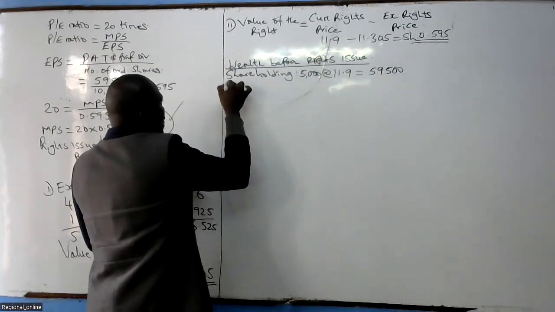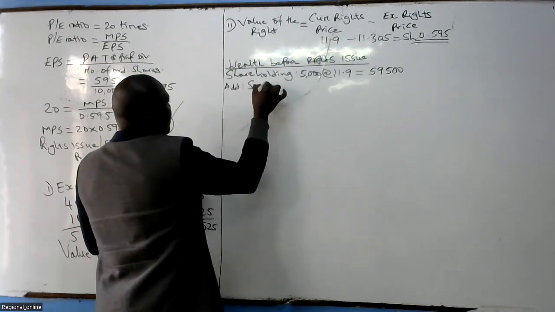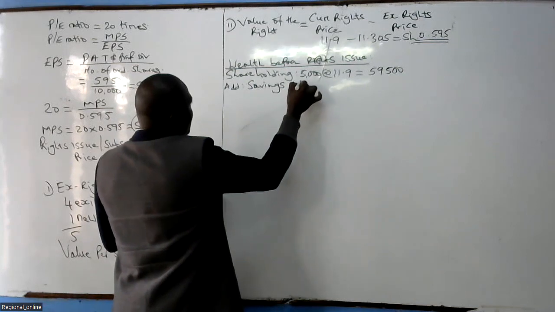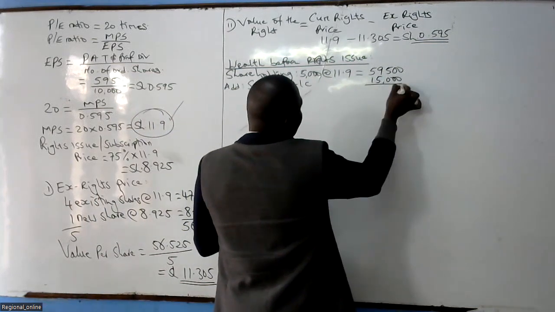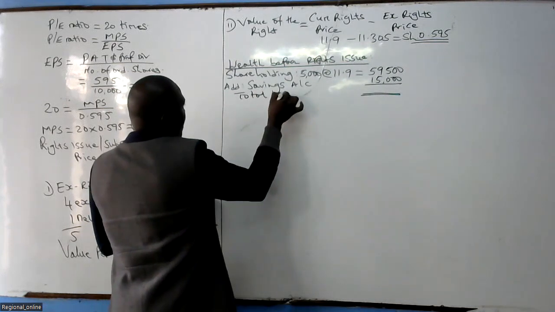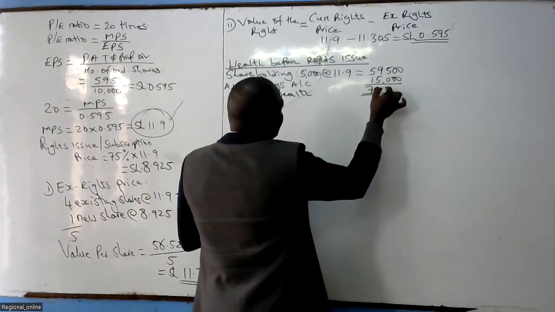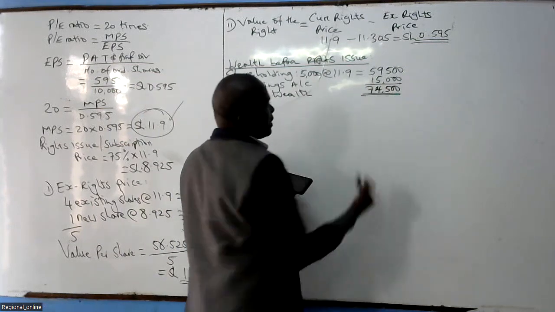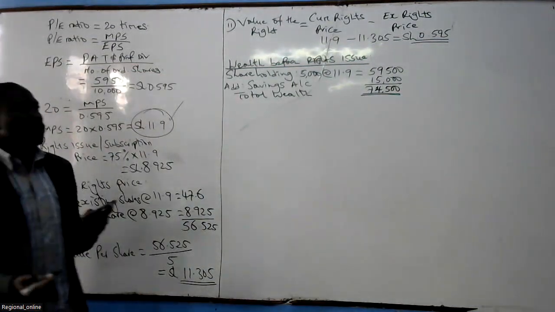Then you add the savings account, which is how much? 15K. So the total wealth is 74,500. So you compare that with the wealth after the rights issue.